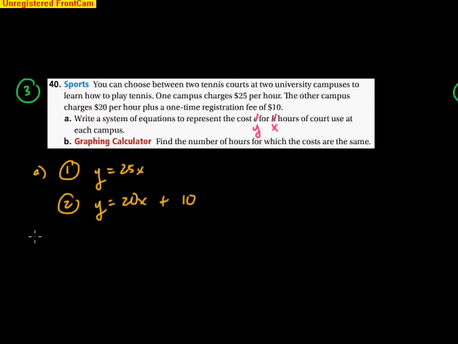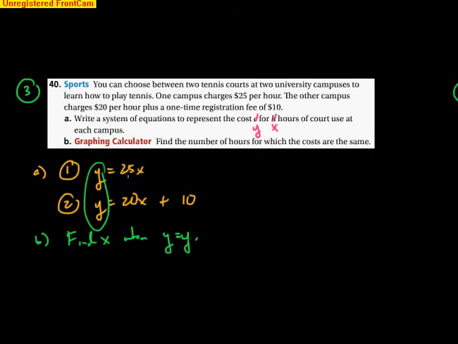Now part B says find the number of hours for which the costs are the same. So the idea is find x when y equals y, when the costs are the same.